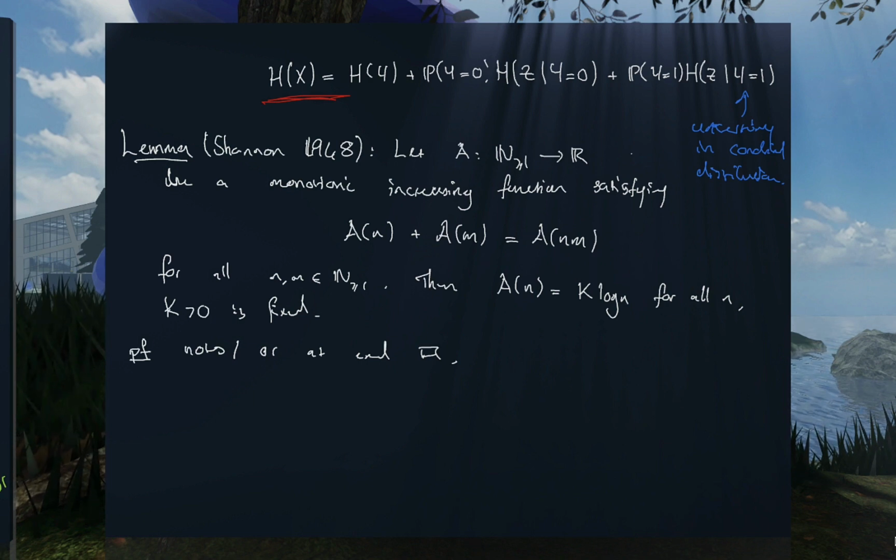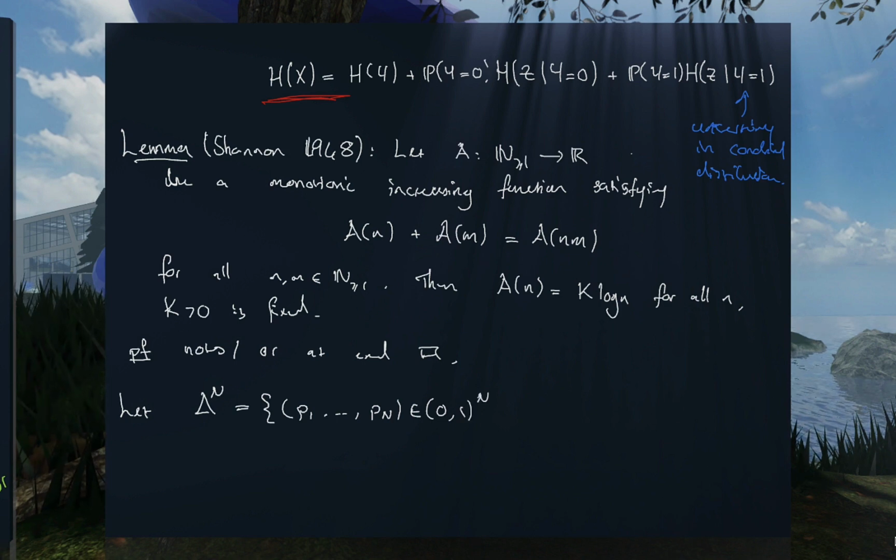I'm going to now introduce some notation, and then we'll move on to the statement of the theorem. So we'll let big capital delta n be the set of all probability distributions on n symbols, skipping the ones which are not actually on n symbols. So we don't want any of these probabilities to be 0. Can there be 1? Well, no, if none are 0, because we have this condition at the end.